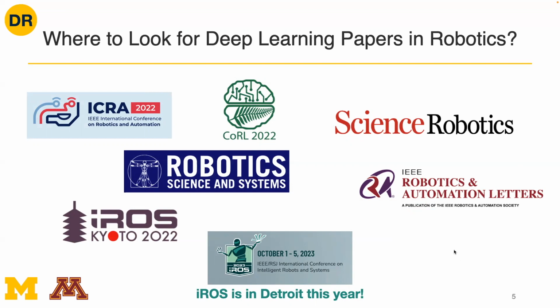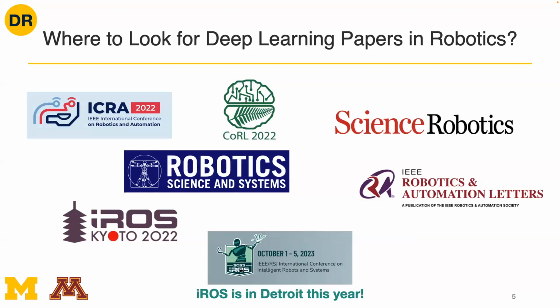ICRA is the International Conference on Robotics and Automation, and CoRL is the Conference on Robot Learning. ICRA and RSS, Robotics: Science and Systems, cover not just deep learning, but other methods and techniques within robotics.